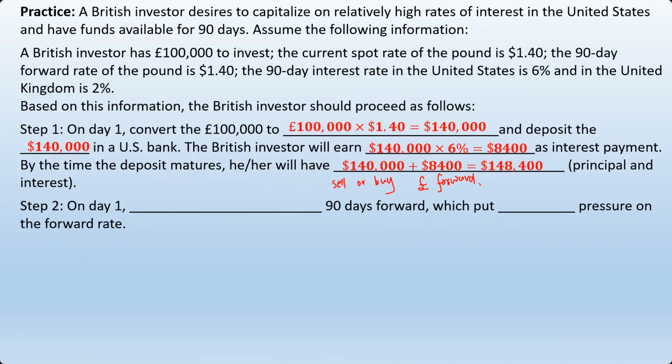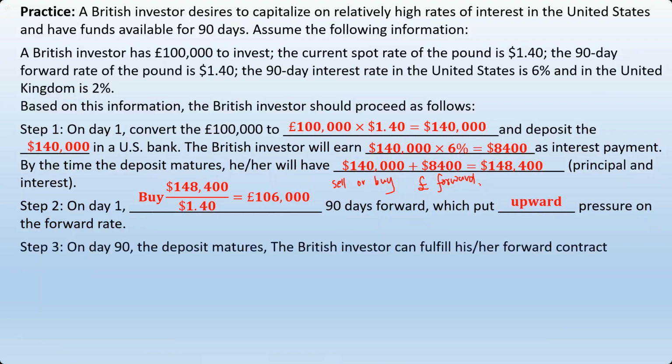Okay, Alisa. They buy it because they're a British investor. Yes. So you're going to be buying because they are a British investor. They want to buy British pounds after they get US dollars. So they want to sell US dollars, but buy British pounds. So this will put upward pressure on the forward rate.